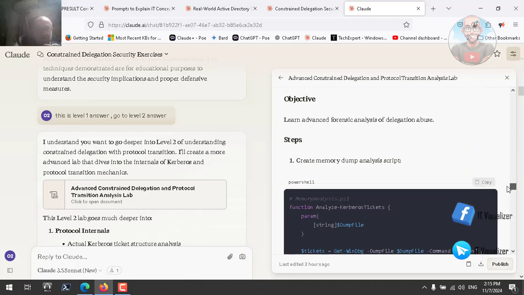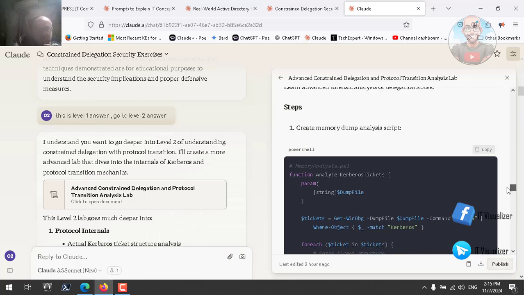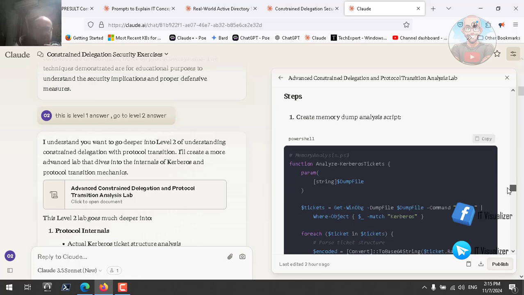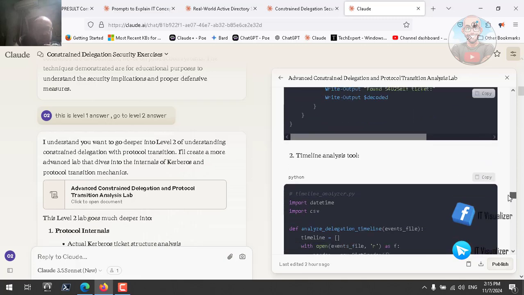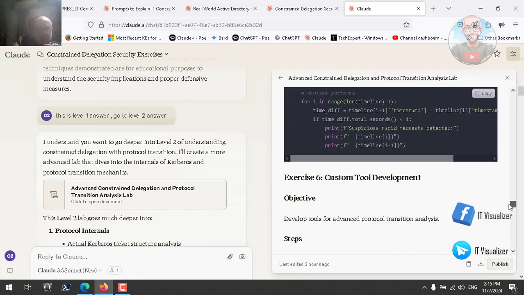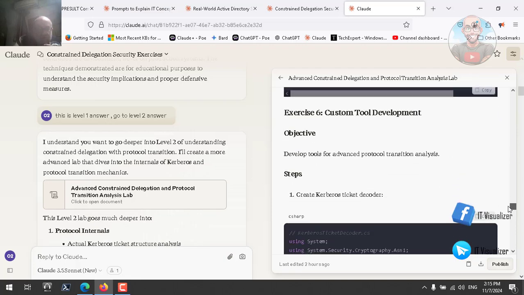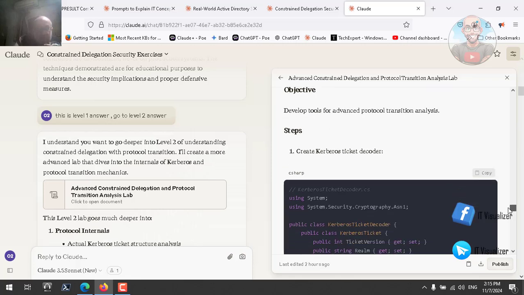You are checking the memory, I think for the Kerberos ticket, to get the password of the service account maybe. Then a timeline analysis tool, and custom tool development: develop tools for advanced protocol transition analysis, decoders.